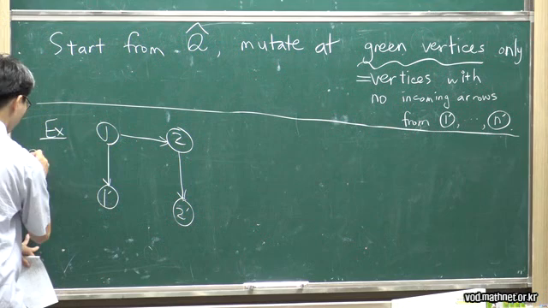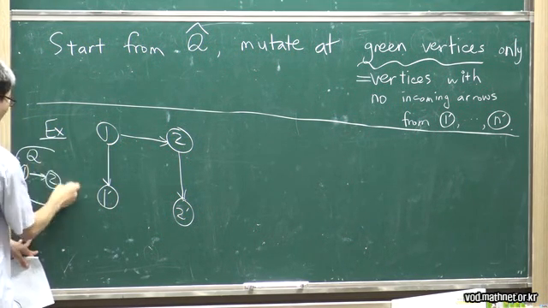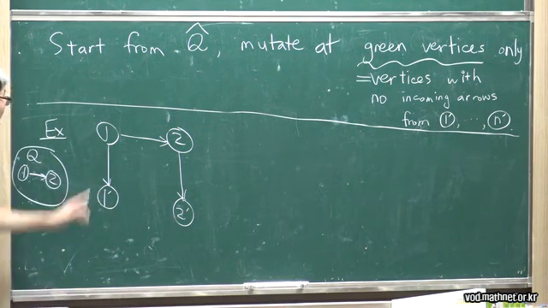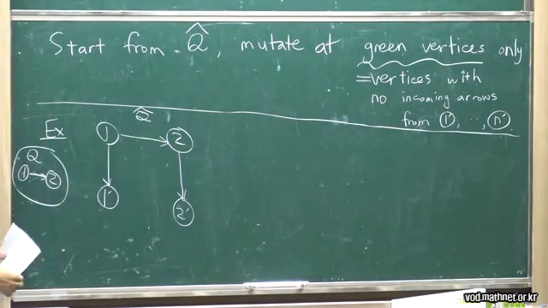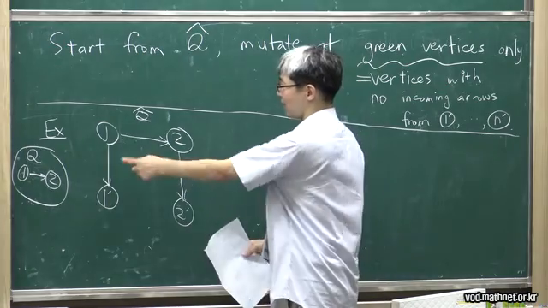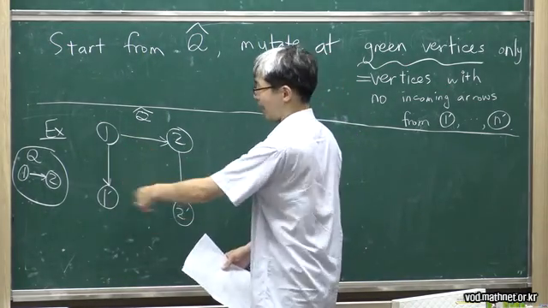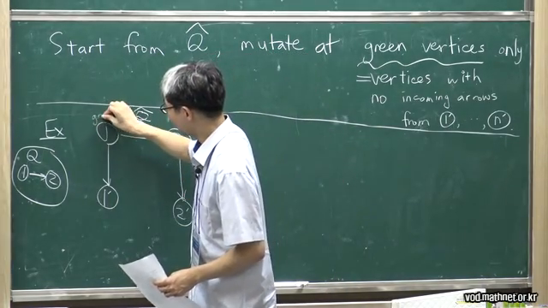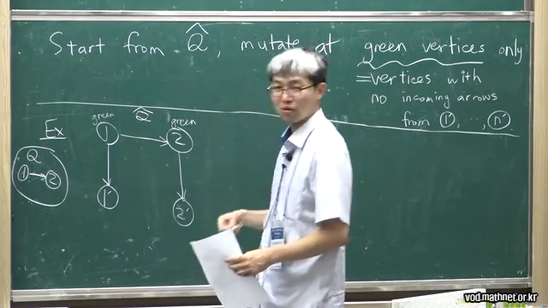Now my original quiver is a very simple one, just two vertices and a single arrow between them. And then my framed quiver looks like this. And since there is no incoming arrow from 1' or 2', by definition, this is already green. And this is also green.